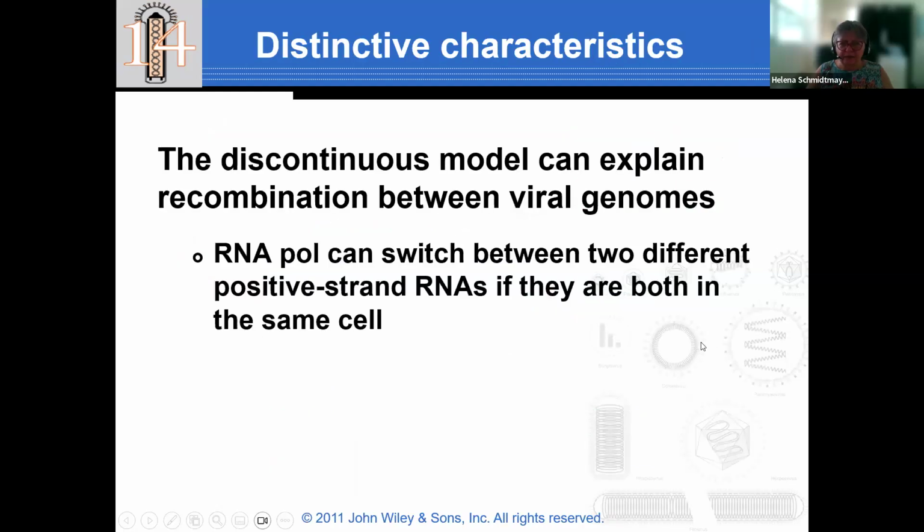Some of them encode several proteins, like polyproteins, which are afterwards cleaved. So this discontinuous model, together with recombination of the spike protein, can explain recombination between different viral genomes. Why is it?